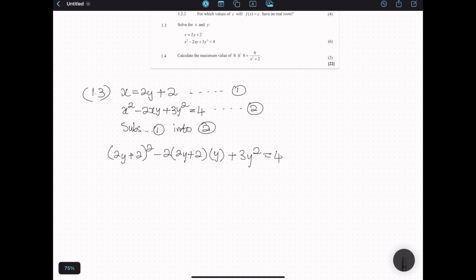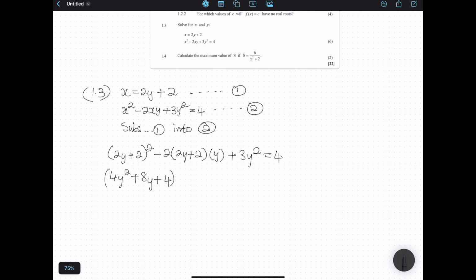Let's simplify this further. Then I'm just going to do a quick mathematics here, so that this is going to be 4y squared plus 8y plus 4, right? When you simplify this, that's what you get. Let me put it here.